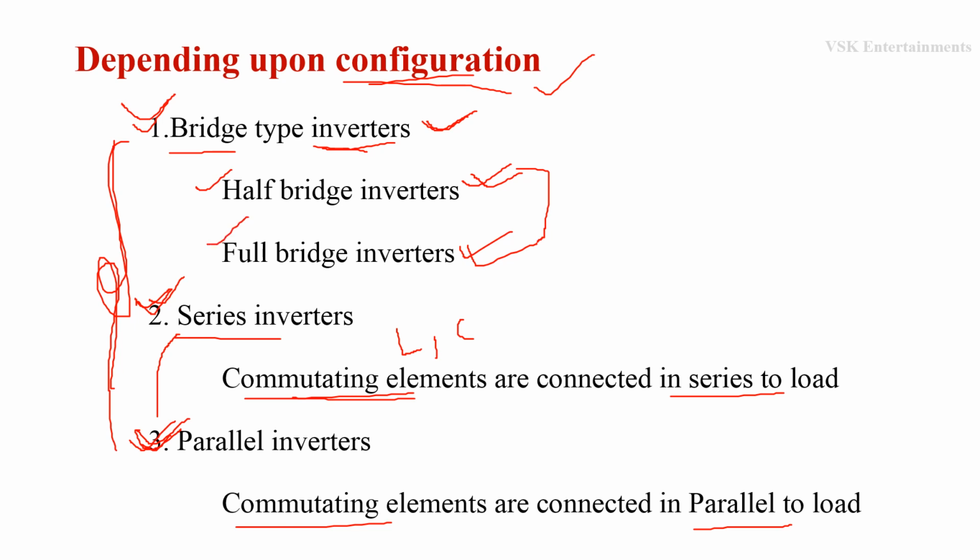And depending upon the connection of commutating elements, series inverters and parallel inverters. In series inverters, the commutating elements, that is inductor and capacitor, are connected in series to the load. And in parallel inverters, the commutating elements are connected in parallel to the load. This is the classification of inverters depending upon several factors.